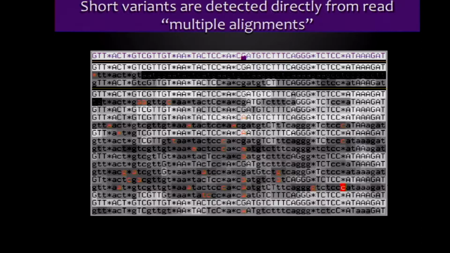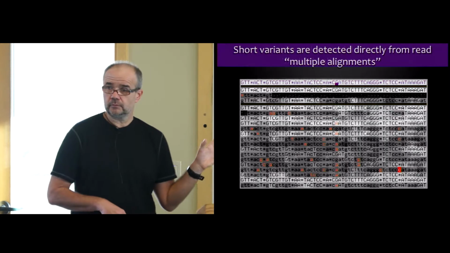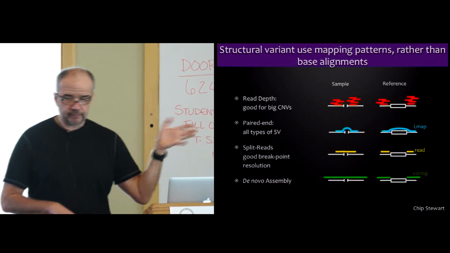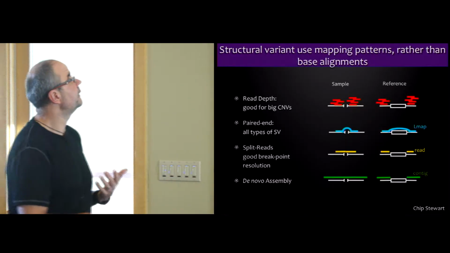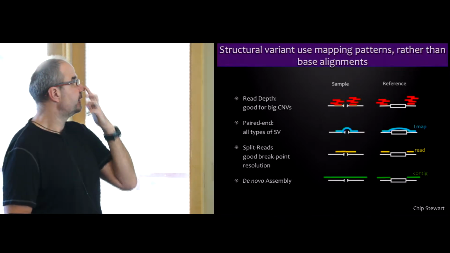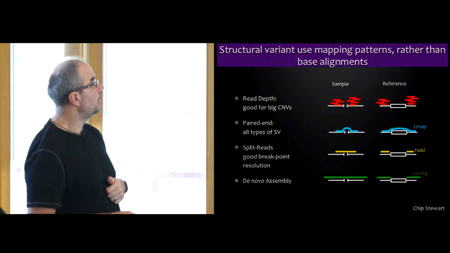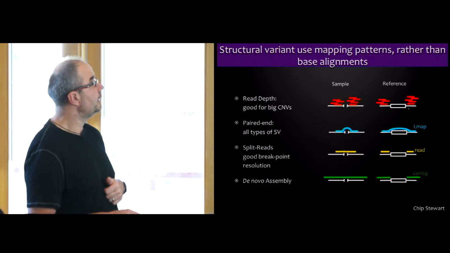When you have larger variance, this becomes almost impossible to do. Just because, and this is something that I'm going to come back to a couple more times in this talk. But the idea is that you, for example, have a very big deletion, for example, like this.